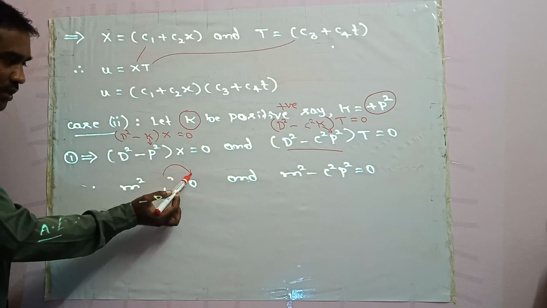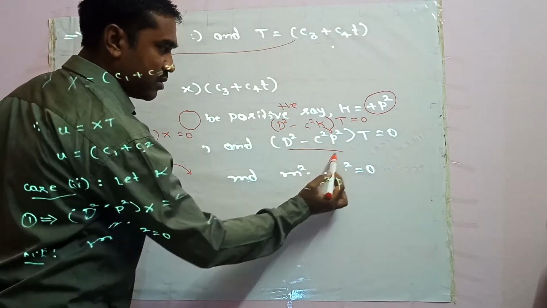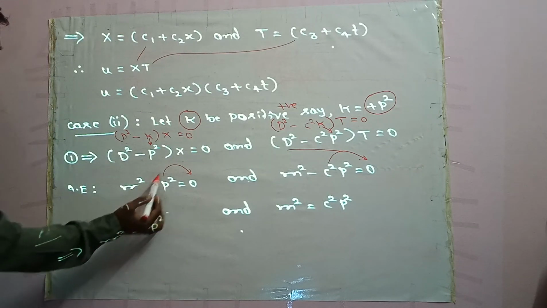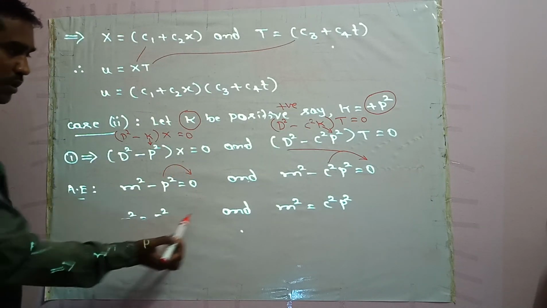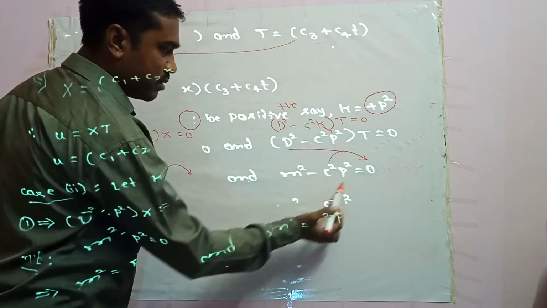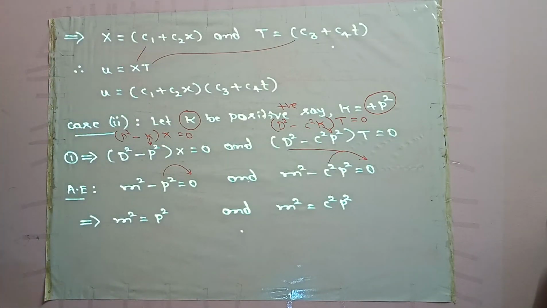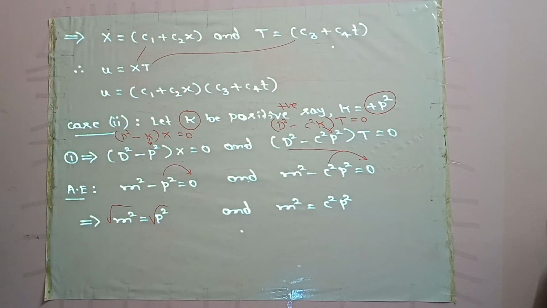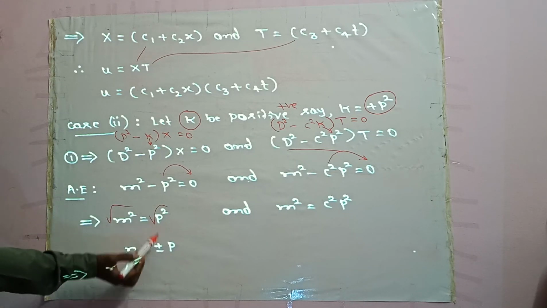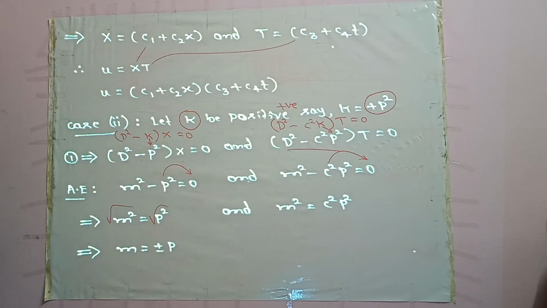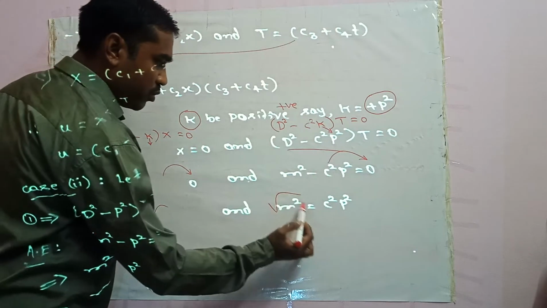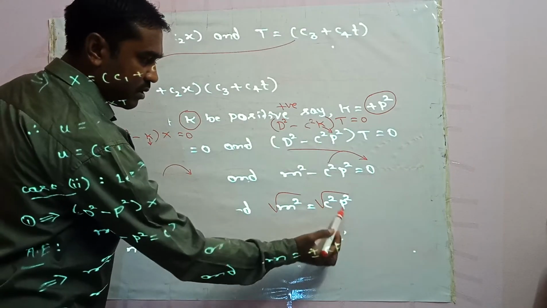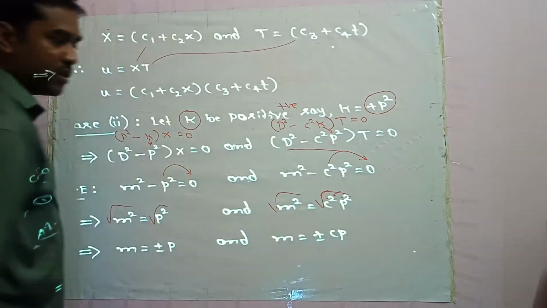What can be done? We can take it to the RHS and we can take this also to the RHS. What happens? m square is equal to plus p square. m square is equal to plus c square p square. If you apply root on both sides, what you get? m is equal to plus or minus p. Again, if you apply root on both sides here, what you get? m is equal to plus or minus cp.